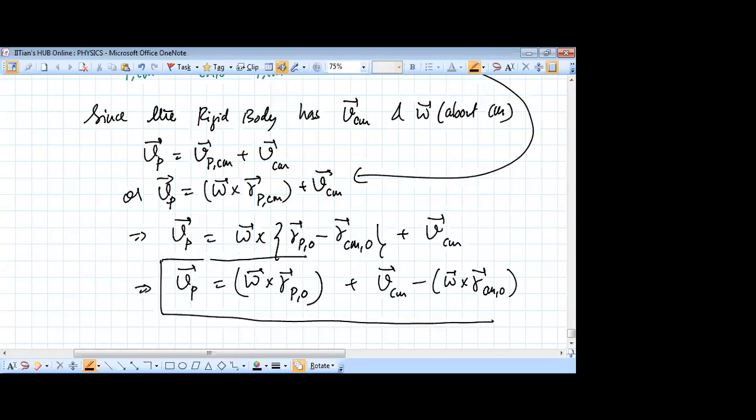And now compare it with how we have defined O. So the point O is defined such that VCM is equal to this. So these two terms have to cancel.